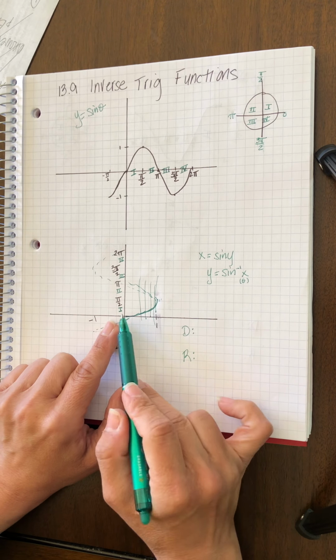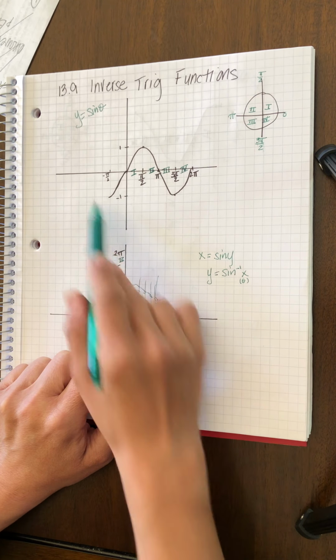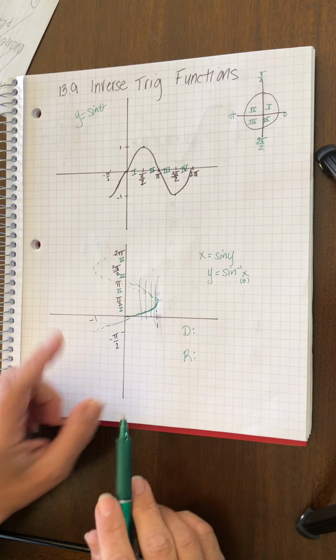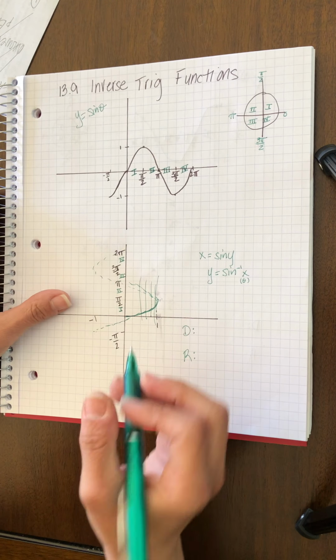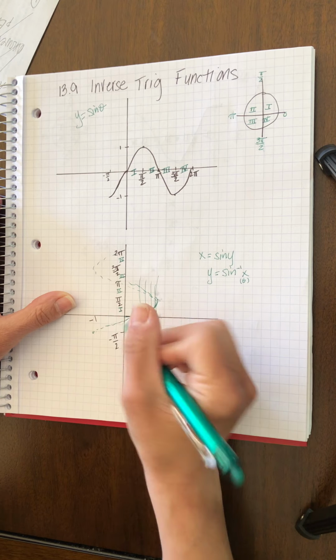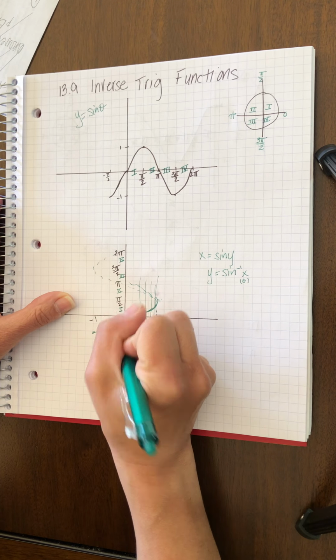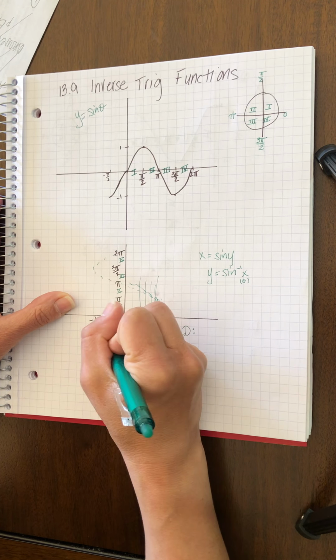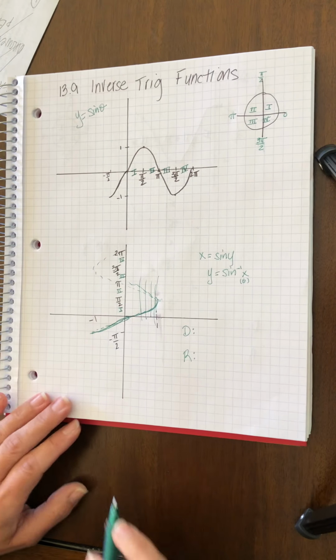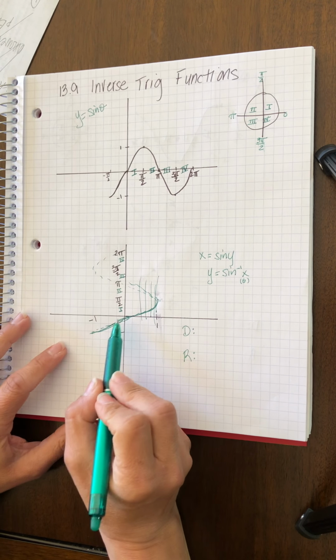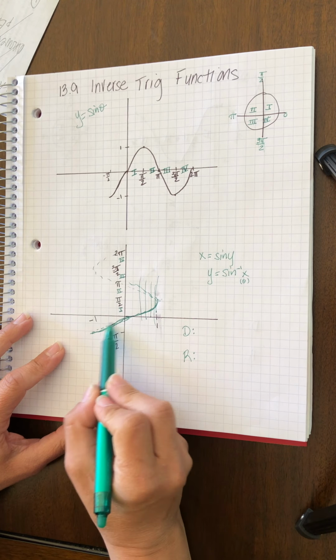This is a really small piece of this really big curve. So to accommodate for that, I'm going to redraw it for you. I can't curve around -1.